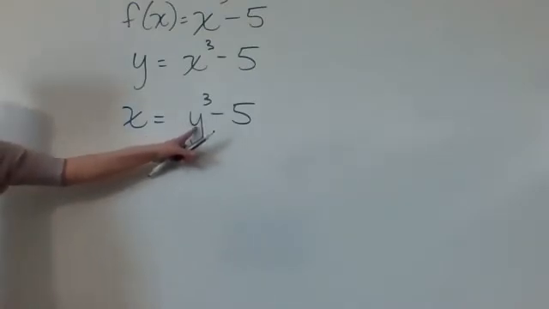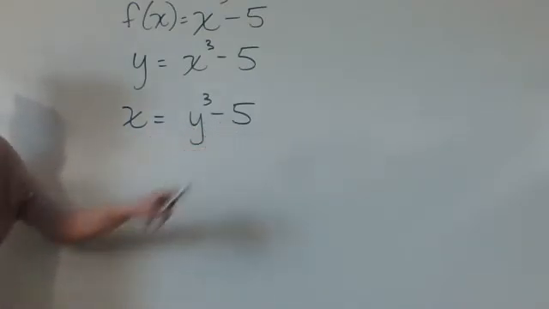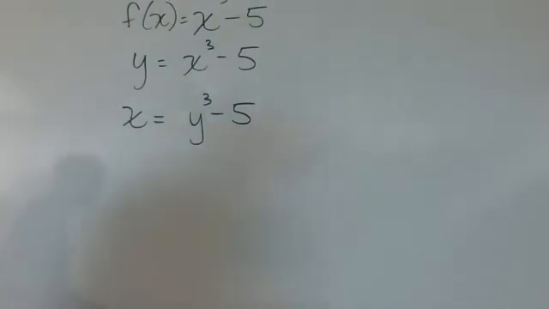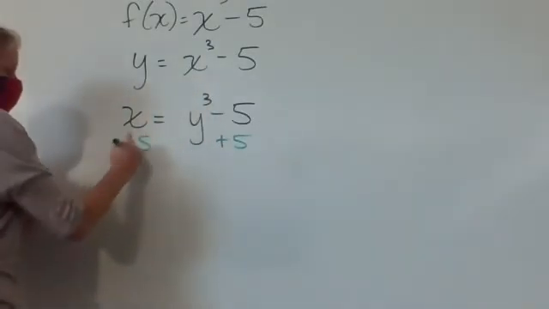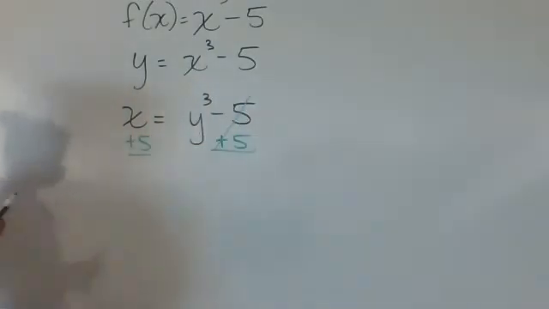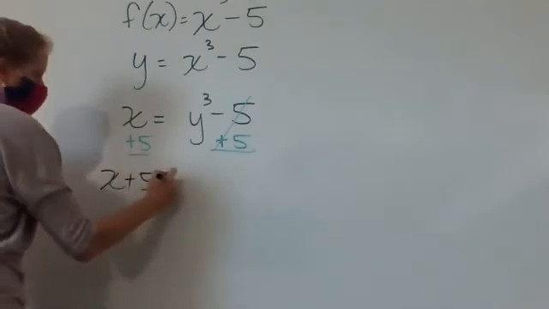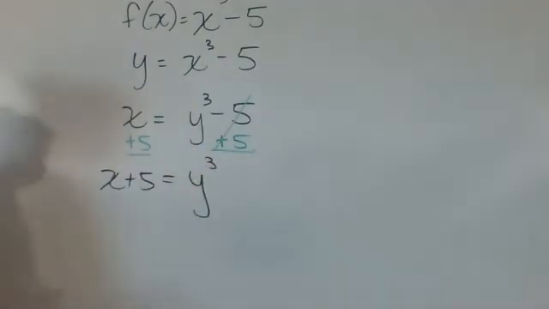Getting this y by itself, I know how to get rid of minus 5, right? I've been doing that this whole time. So to get rid of the minus 5, I'm just going to add the 5. So over here on the left, I have x plus 5 equals. Over here, I still have y to the third.